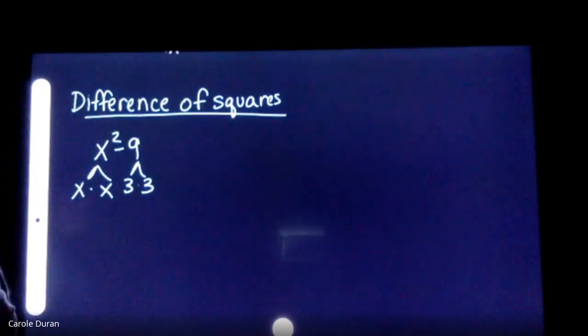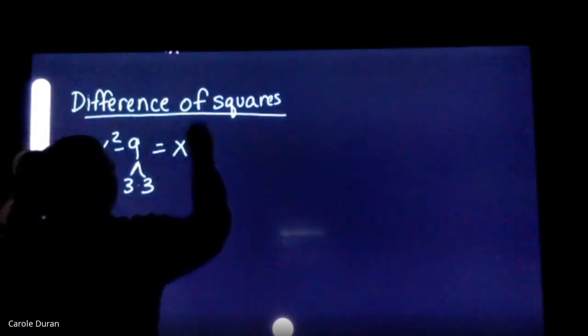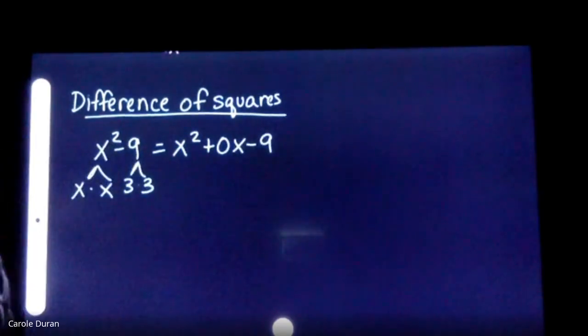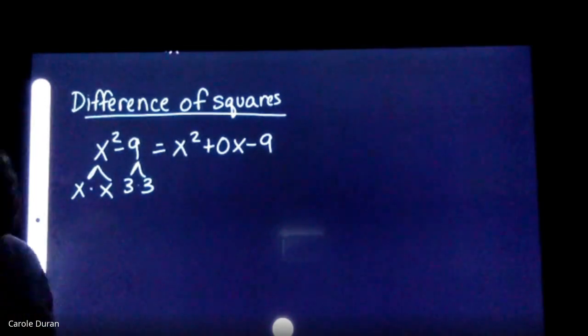How would I factor x squared minus 9? Well, the first thing I need to do is fill in that missing middle term. So I have x squared plus 0x minus 9. Then I'm looking for 2 numbers that multiply together to get a negative 9, but add to get 0. If they're adding to get 0, that means they have to be the same number with opposite signs.